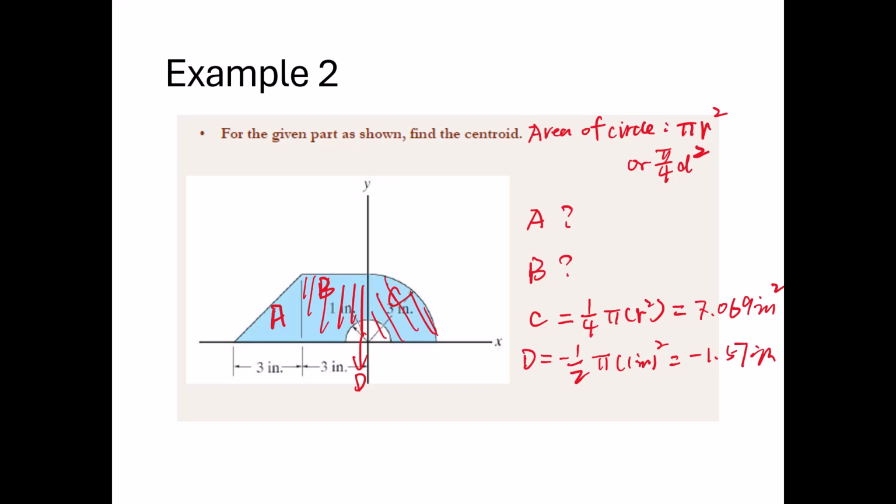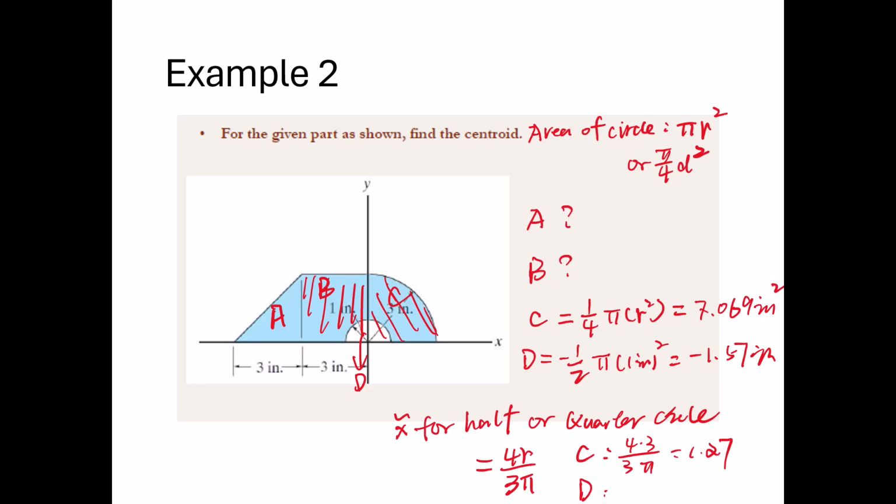And the centroid for the half or quarter circle is 4r over 3 pi. That's in the FE packet. Which means for C, it's 4 times r over 3 pi. For D, 4 times r over 3 pi.